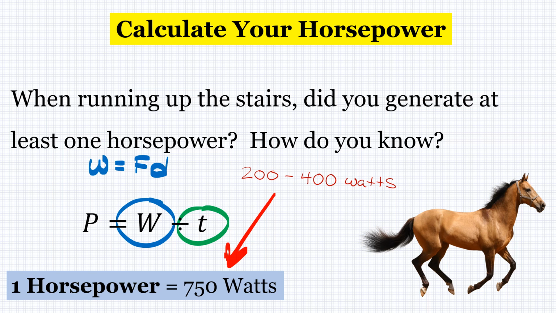In order to generate more force, you would need more mass. The only way to really increase your mass is to perhaps put on a backpack or have another student carry another student up the stairs, which is definitely unsafe and I don't recommend doing, but that would be one way to increase your mass and therefore increase the force, which would then increase the work, which would then increase the power. Hope I didn't lose you there. But the easiest way to increase your horsepower is simply to move faster.